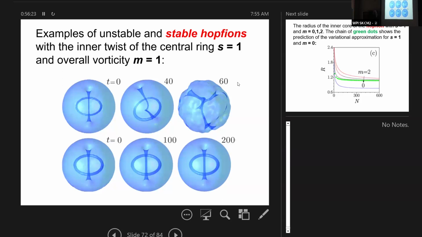Now, if we take the cases when both vorticity and intrinsic twist are equal to 1, then there are two different parameter regions. In one, it is unstable, but in another region, which has a sufficiently large size, it is stable. Finally, if we take any value of vorticity larger than 1, or any value of S larger than 1, they are always unstable.